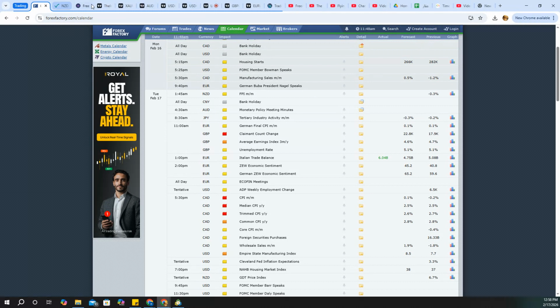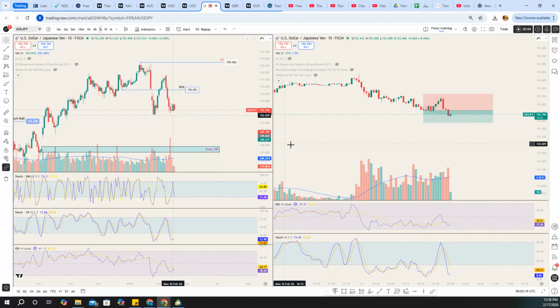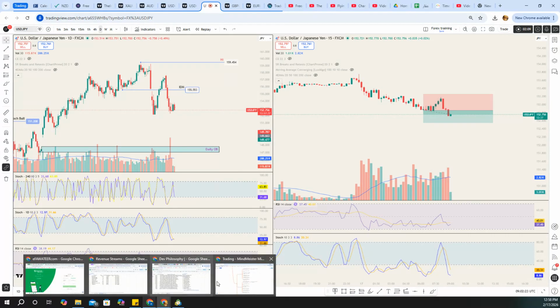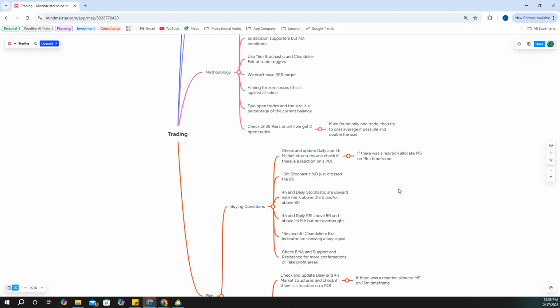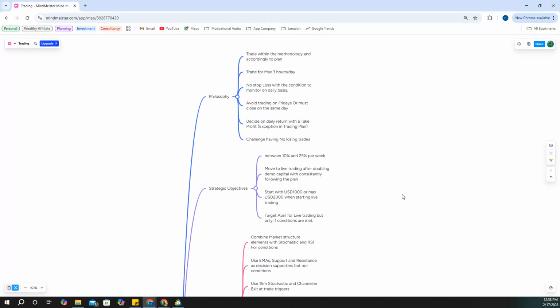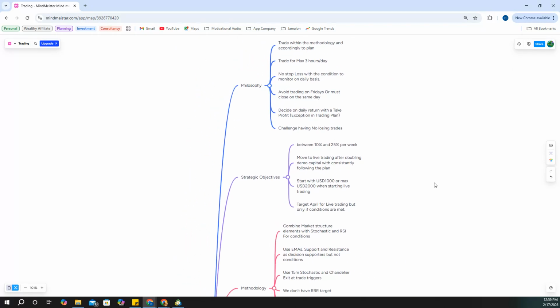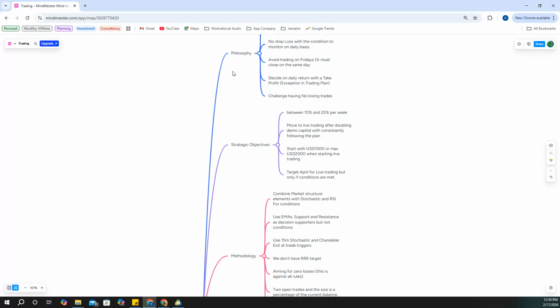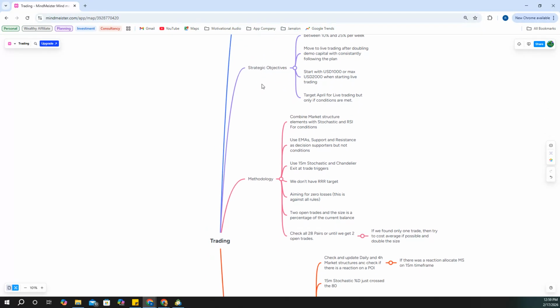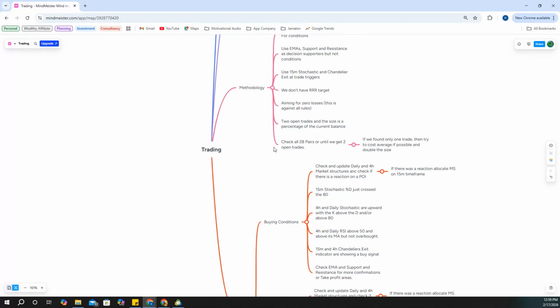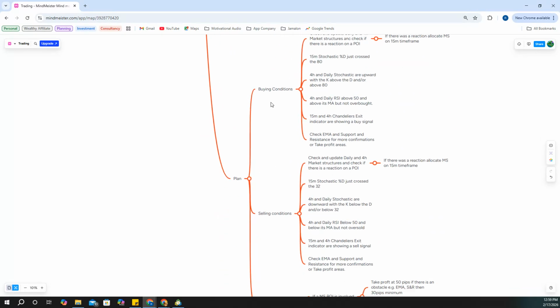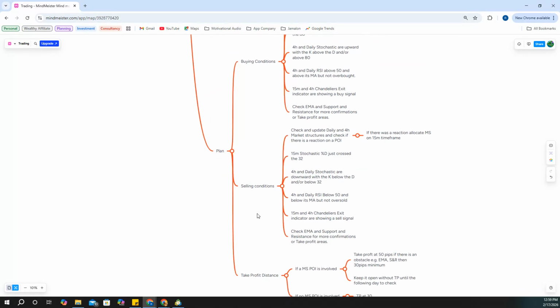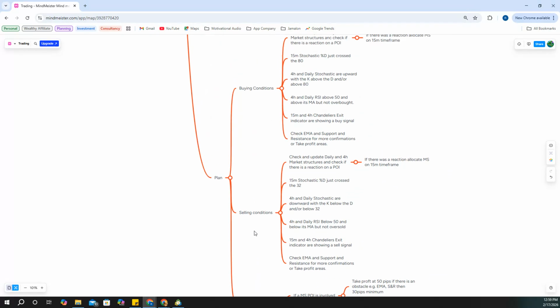Okay, so let's move now to the USDJPY and see if I am implementing the platform as intended. My platform consists of four parts: the trading philosophy, the strategic objectives, my methodology or trading strategy, and my trading plan, which consists of buying conditions and selling conditions.